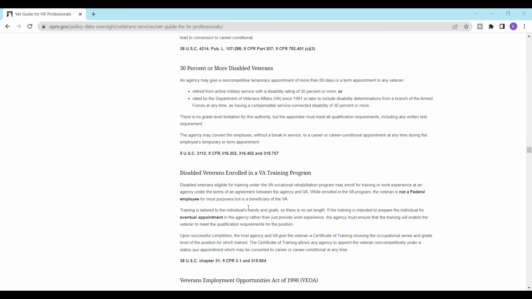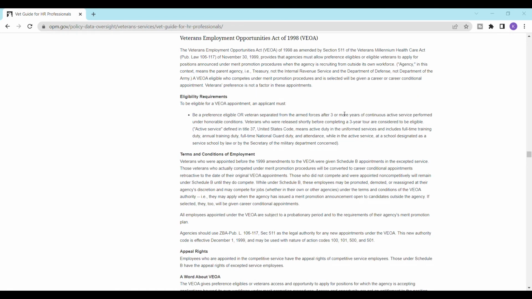There are subtle differences between the competitive and excepted service, but it's better to be in the competitive service, so that's a plus. Scrolling down to VEOA, VEOA is actually a permanent hiring authority, and all you need to be eligible is to be preference eligible, meaning you meet the TP, CP, or CPS preference criteria, or be a veteran who's separated with 3 or more years of continuous service.